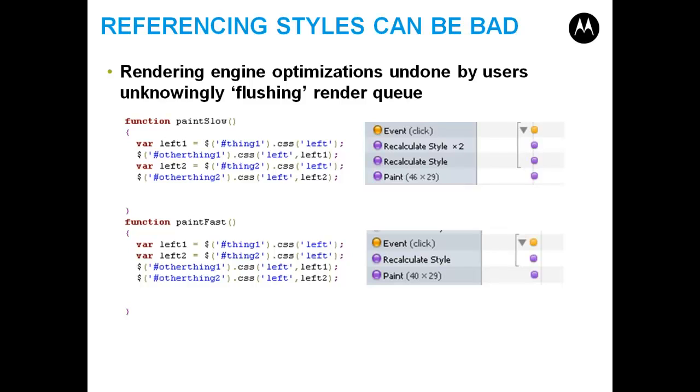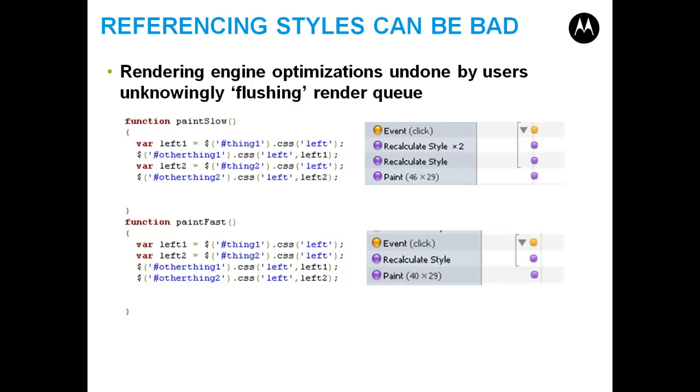So here's two simple functions that do the same exact thing, right? The first one, the paint slow, this is just some jQuery syntax, but it's setting a variable to get the left attribute of a div tag, and then it's setting another div tag to be the same.